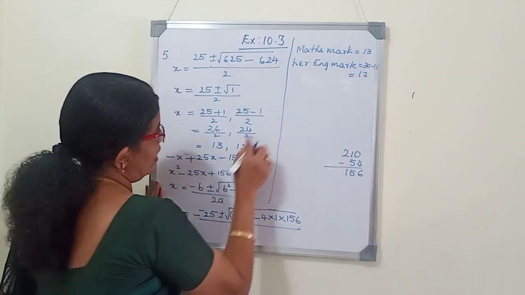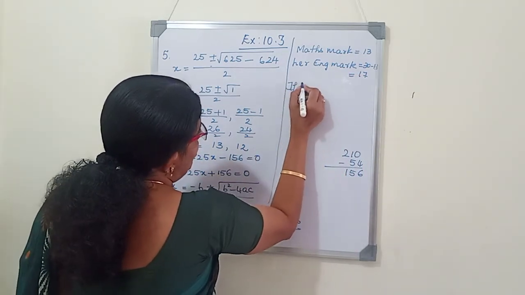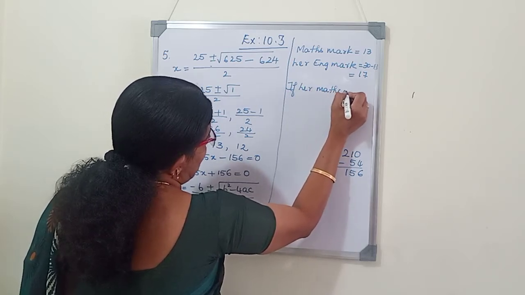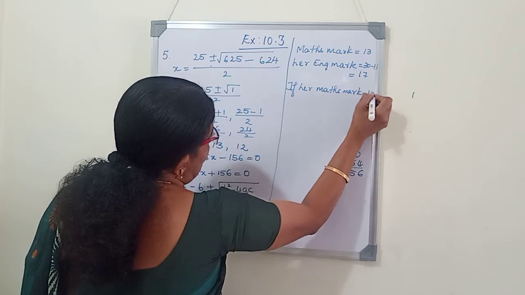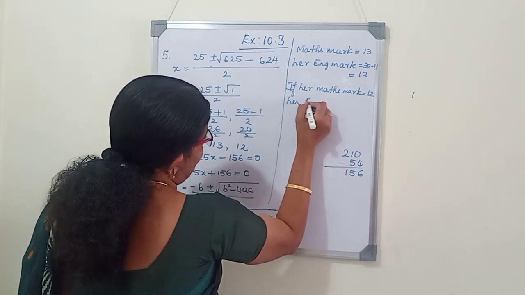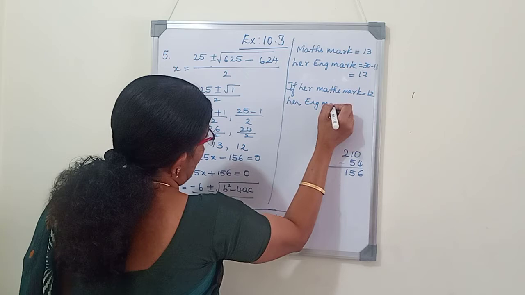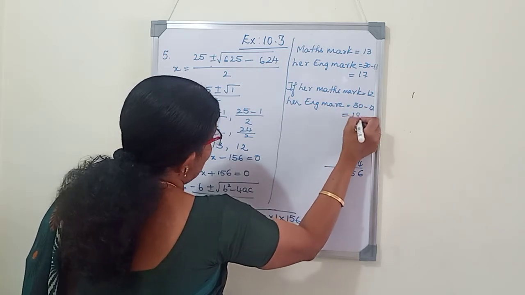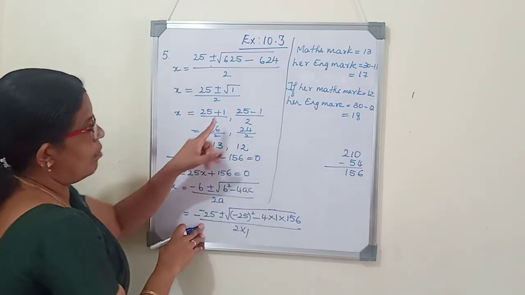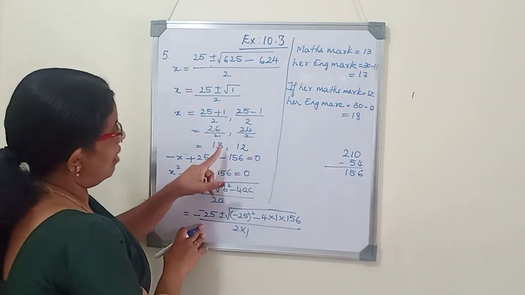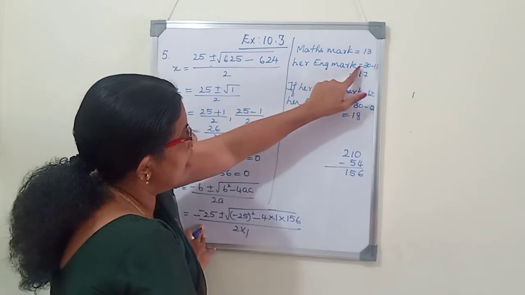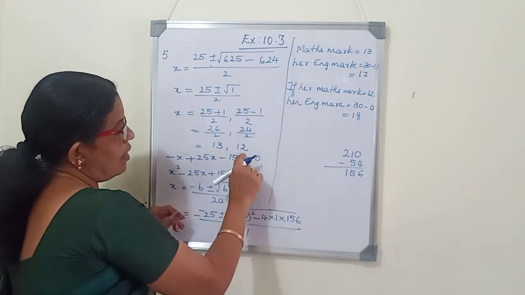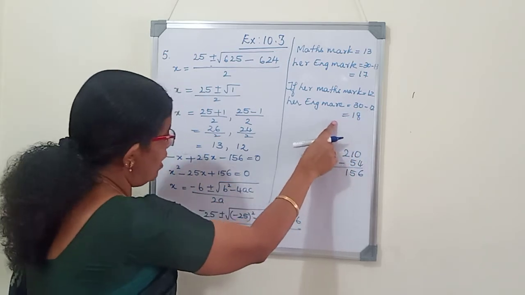Suppose if her maths mark is 12, her English mark is 30 minus 12, that is 18. As we got two positive numbers, we can accept both. So if she is getting 13 marks in maths, in English she will get 30 minus 13, 17. And if she gets 12 marks in maths, she will get 30 minus 12, 18 marks in English.